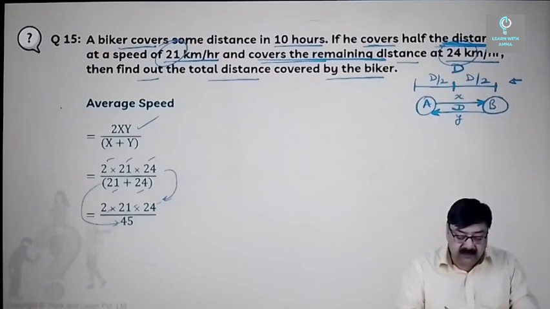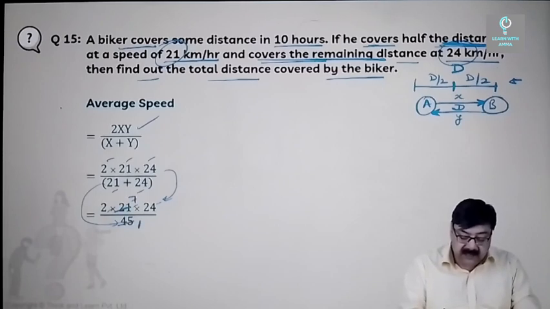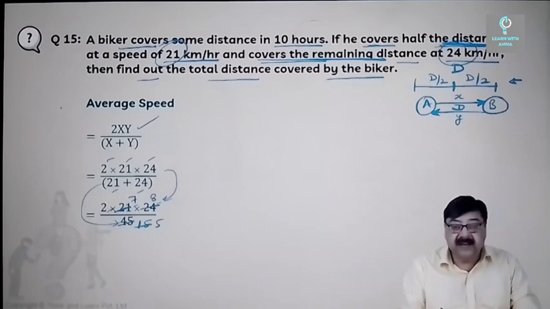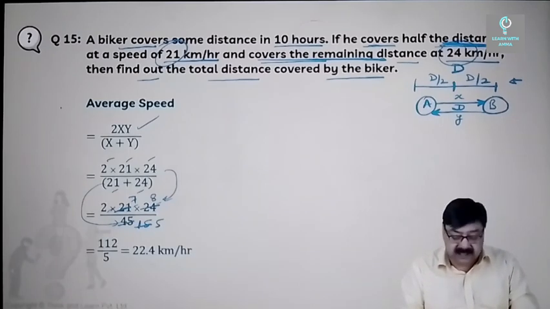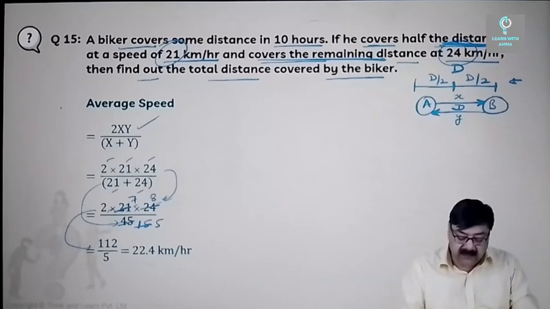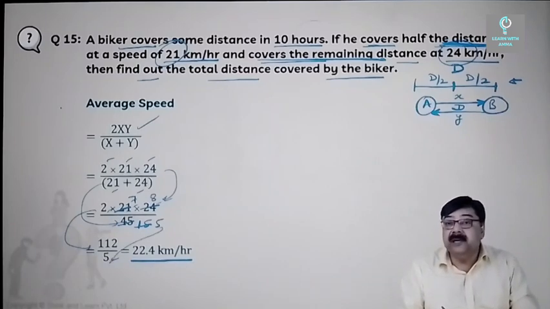So 21 plus 24 is 45. Now the cancellation happens. So 3 into 7 and 3 into 15 and 3 into 8 and 3 into 5. So we get 7 into 8, 56 into 2, that is 112 by 5. 112 by 5 is 22.4 km per hour.